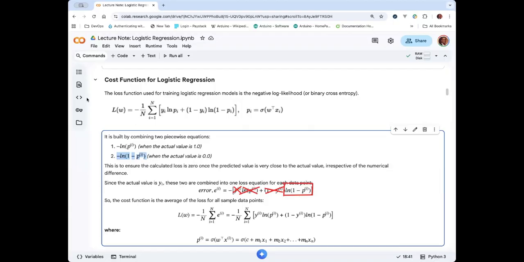So you have this combined error or loss function for logistic regression that takes care of both situations. And that is the basis of the cross entropy. This is what we call cross entropy. That terminology comes from cross pollination, kind of: when this one is 1, the other one goes off, right? So it's the cross interaction between the two terms.